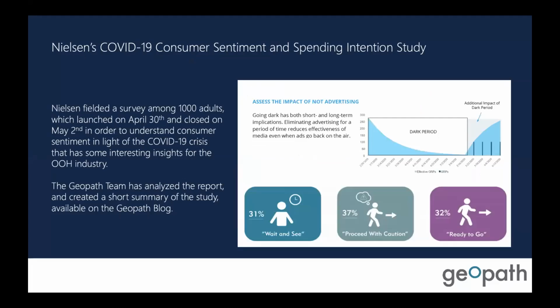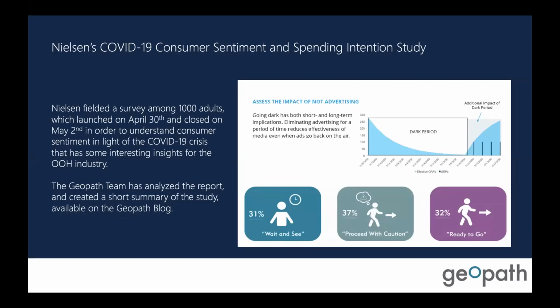And one last thing that we did. There was a Nielsen fielded study, as it says here, around April 30th, and it was open for about a 1-week or 2-week period. It's data around consumer sentiment in light of the COVID-19 crisis. We got that information, looked at it, and put a little blog together.